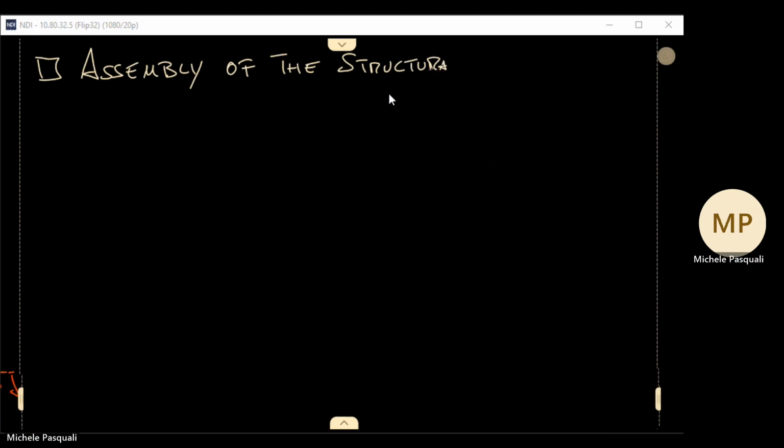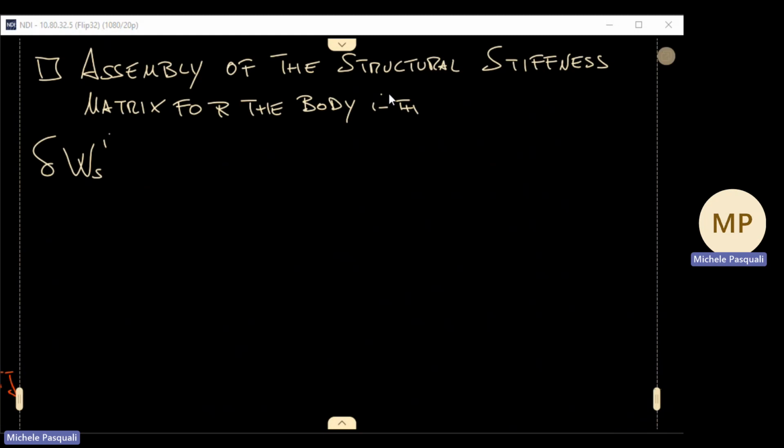Well, there is not really much to say. We start from the same quantity, but for the overall body, as we did for the kinetic energy. So it's the dual, if you want. It's the sum from j to the number of elements of the virtual work associated with external forces, for the element j.